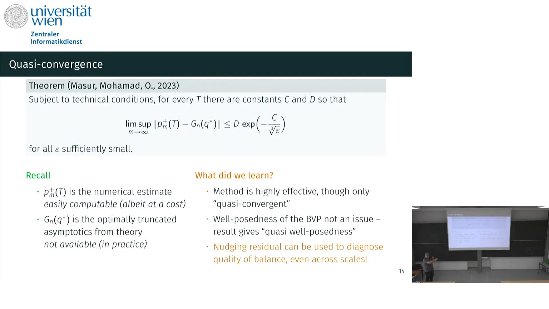Well-posed as a boundary value problem in time means you think of imposing one condition at one end and the other condition at the other end, and having a solution that connects these two conditions is not required. So we are showing we are coming back within a small ball. It might not be well posed in the strict sense, but it's almost well posed because the residual is so small.